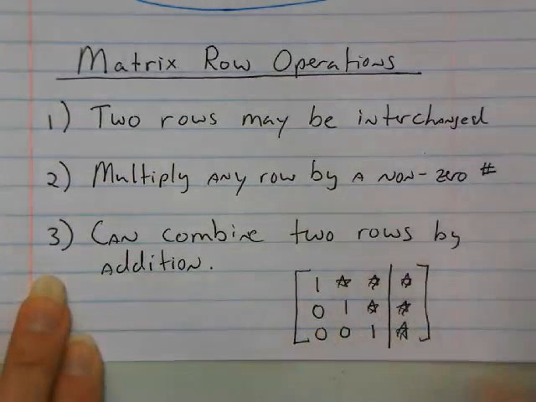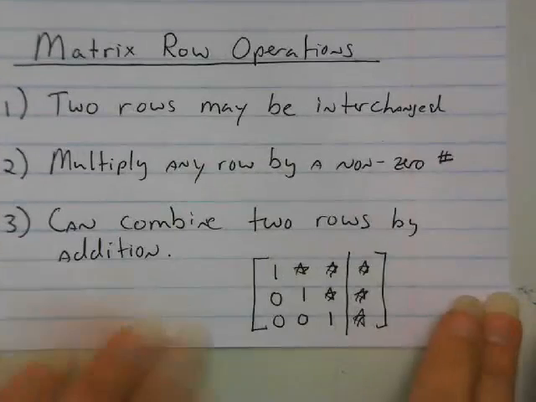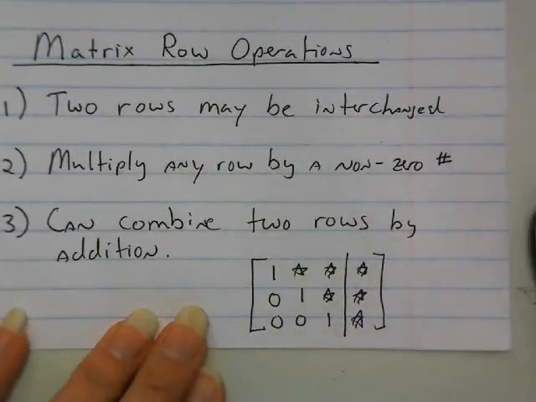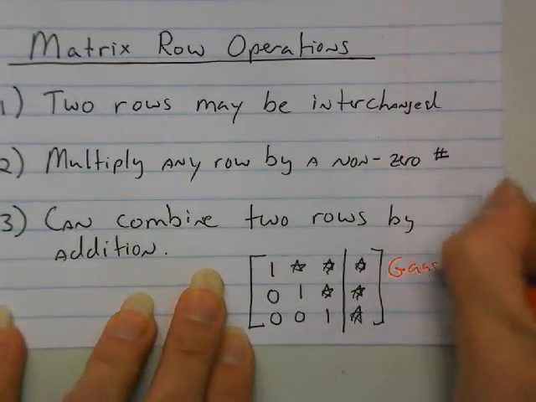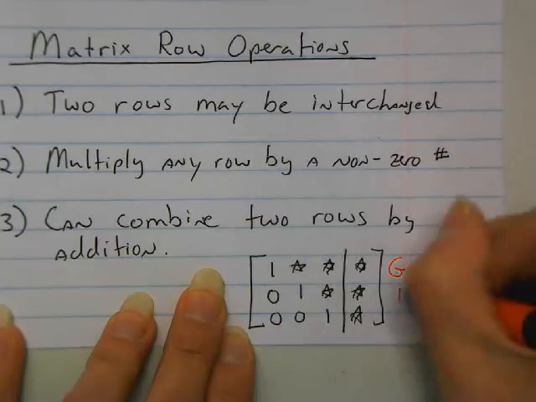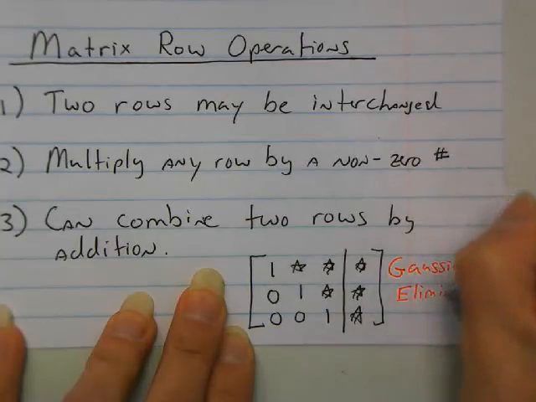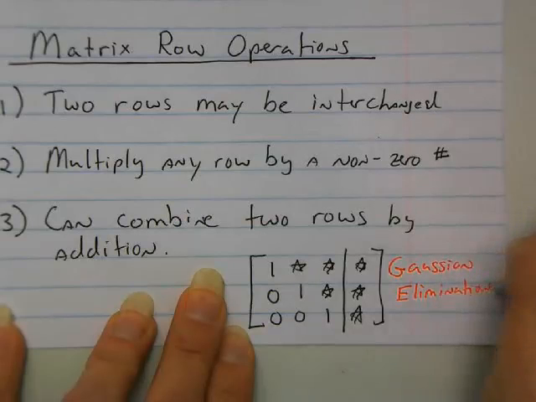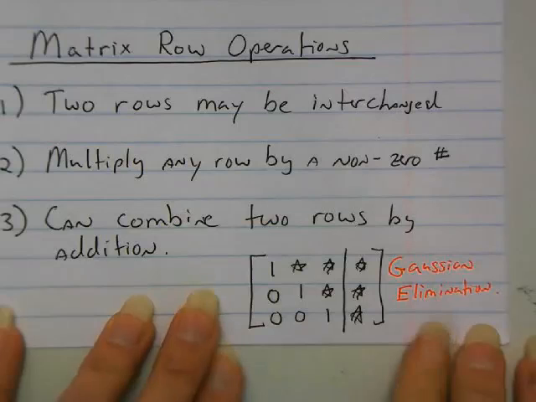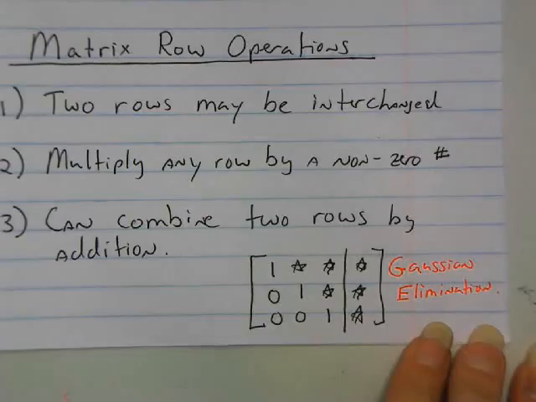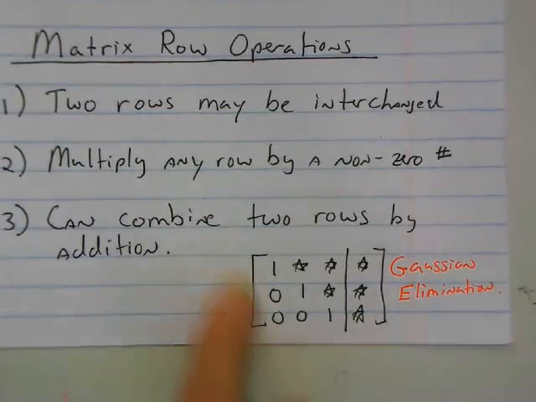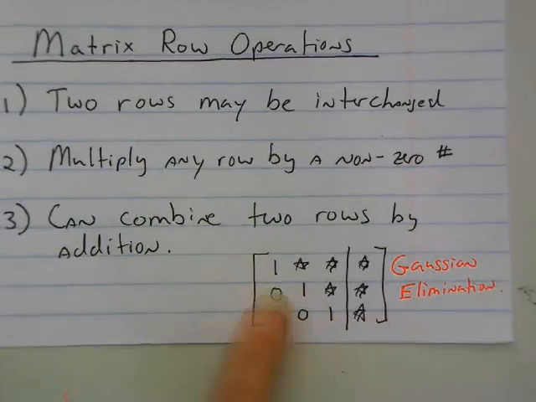This is called Gaussian elimination. It was by a mathematician, Gauss. G-A-U-S-S-I-A-N, elimination. And that's what we're now going to attempt to do. So we're going to manipulate these matrices to force these zeros and ones.